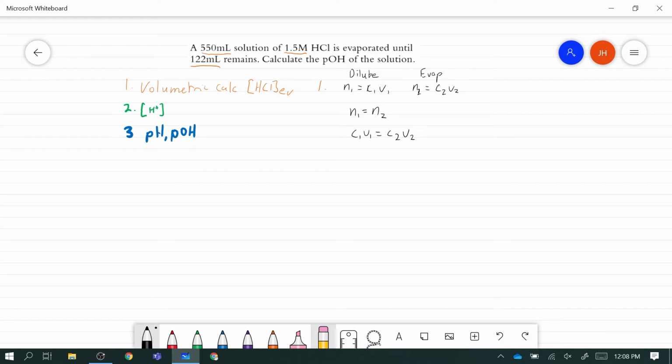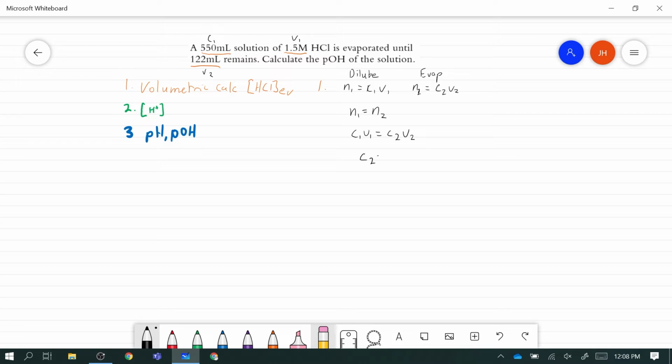This equation should be familiar to you based on the dilutions work that we did in Module 2. This equation is really useful because we have C1 and V1, and we also have V2 in our question. The only unknown that we have currently is the concentration of the evaporated solution, C2 here, which in fact is the thing that we want to be calculating anyway.